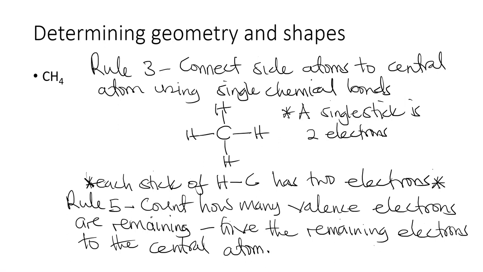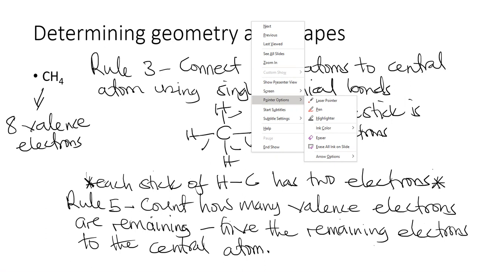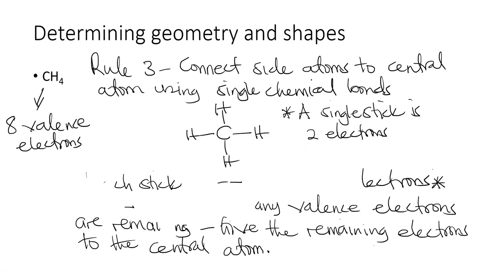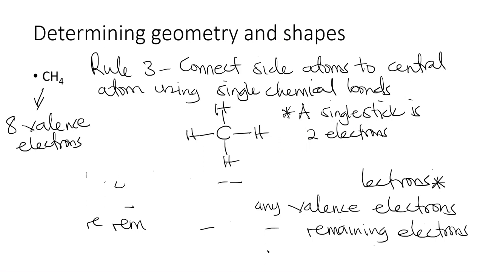But for our molecule, we said that CH4 has 8 valence electrons. Now, if we give hydrogen 2 electrons each, it will be 2, 4, 6, 8. So it means we have used up all the electrons here. There are no electrons remaining. So in this case, no electrons are remaining.